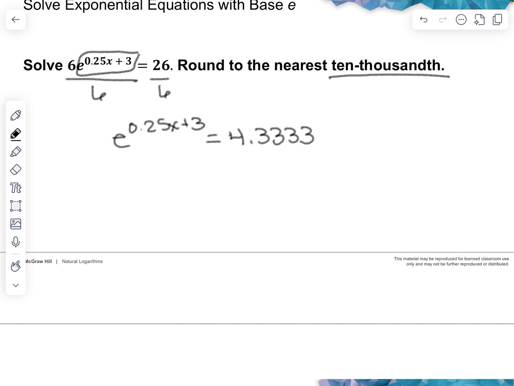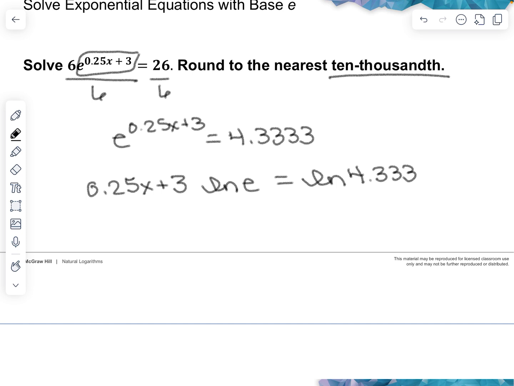I'm going to go four decimal places on each one of my calculations. Now my variable is in my exponent, so I'm going to bring it to the front. And take the natural log of e and the natural log of 4.333.